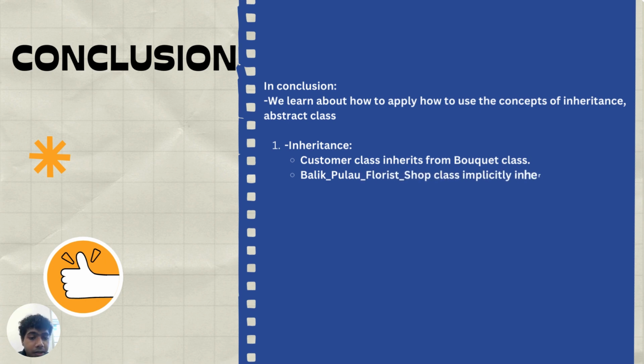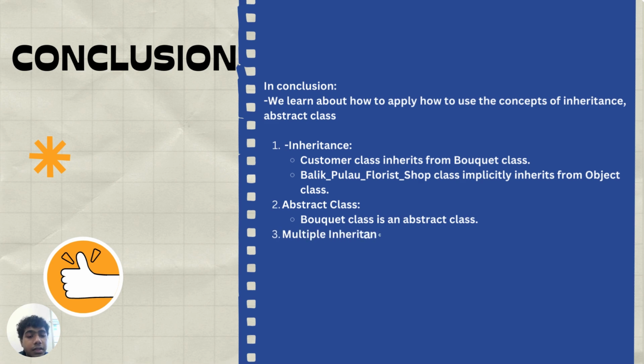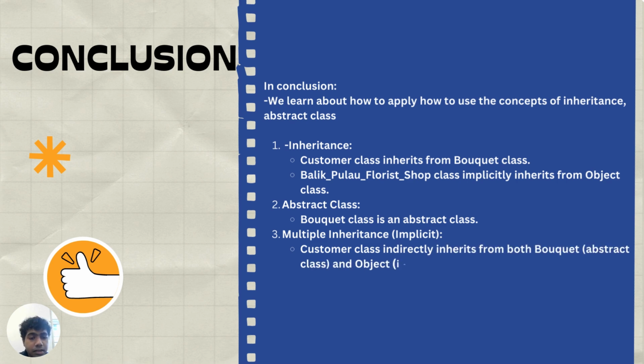In terms of abstract class, we learned that the bouquet class is an abstract class, and how to utilize it. As a bonus, we also learned multiple inheritance, which is implicit. The customer class indirectly inherits from both bouquet, which is an abstract class, and Object implicitly, as all classes do in Java.